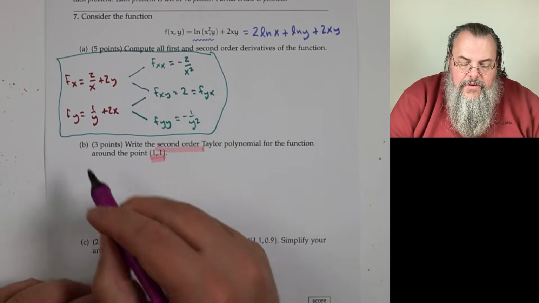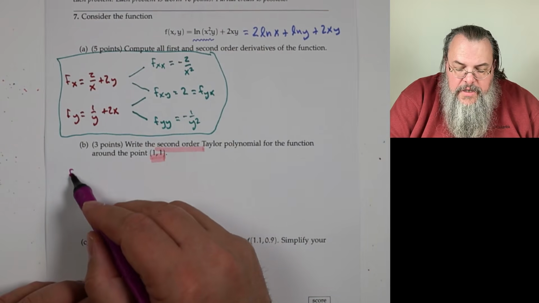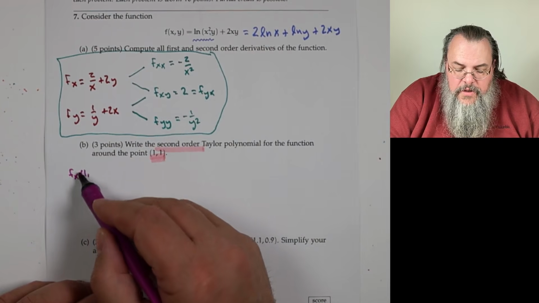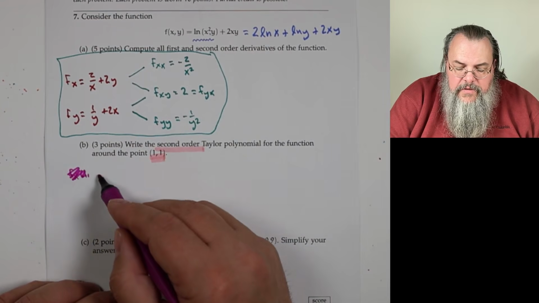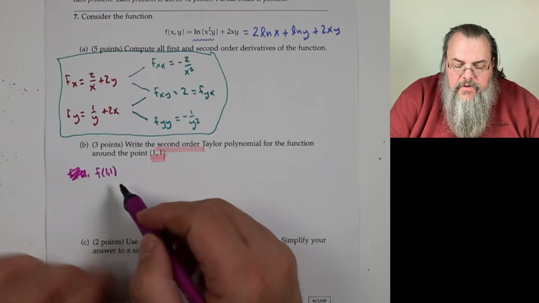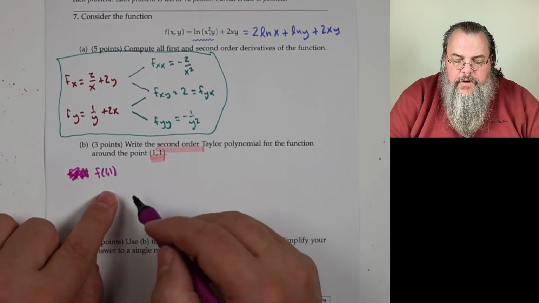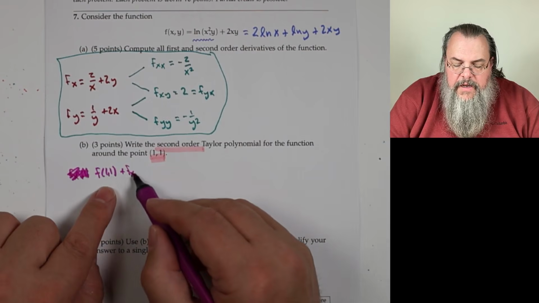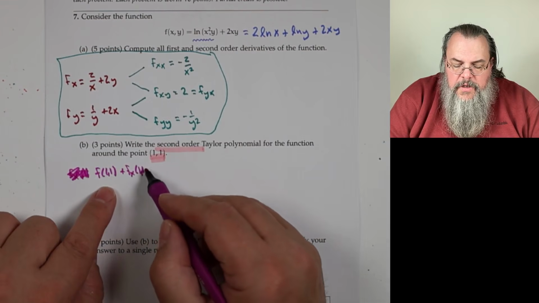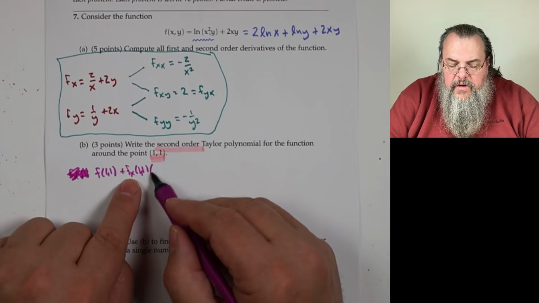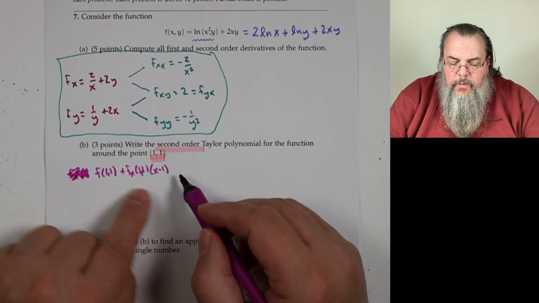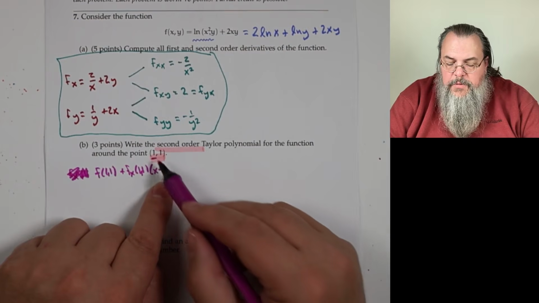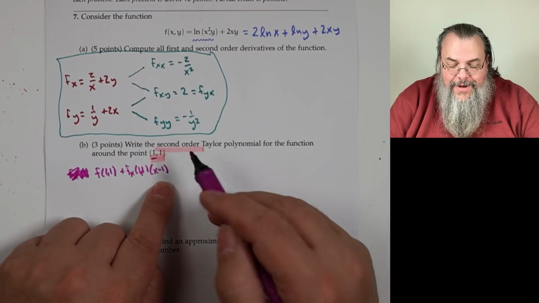What does it look like? Well, it starts by saying plug in to the function. Whoops, not f. X, f at (1, 1). So this is just the 0th order. Plus f_x at (1, 1) times, there's an x here, x minus 1, because x equals 1 at the point we're centered around.